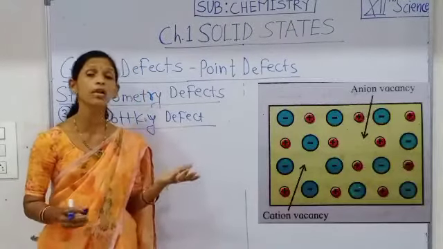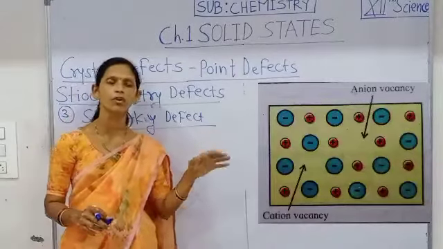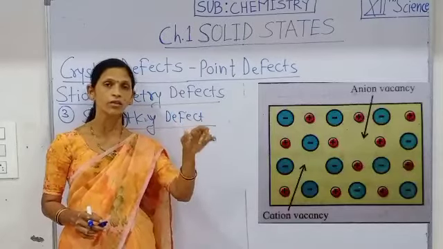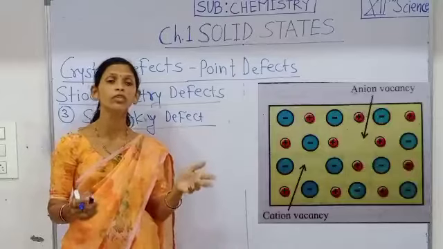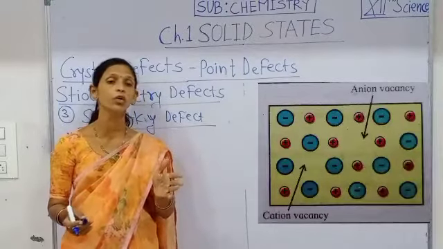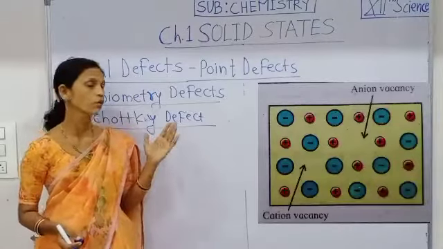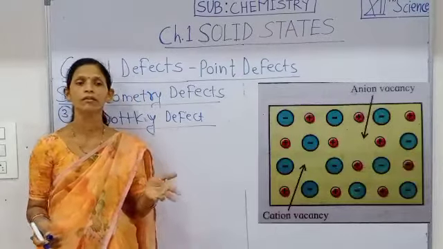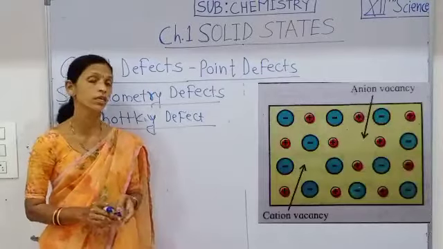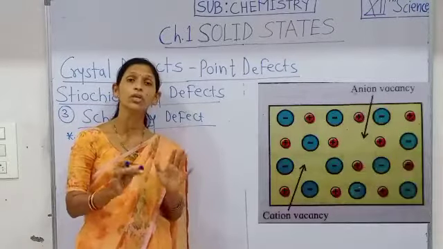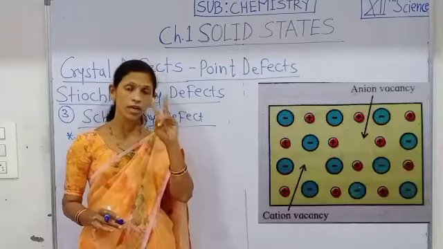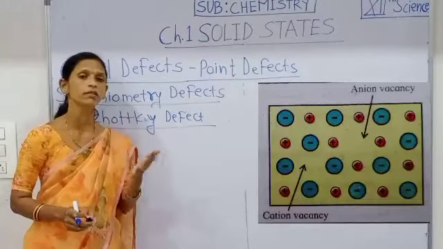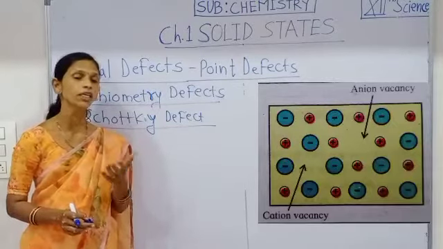Here, an equal number of cations and anions are missing from their regular sites, which creates vacancies at the sites of the cations and anions lost. Therefore the ratio of cations and anions remains the same, and there are two holes created per pair of ions, and that defect is called Schottky defect.